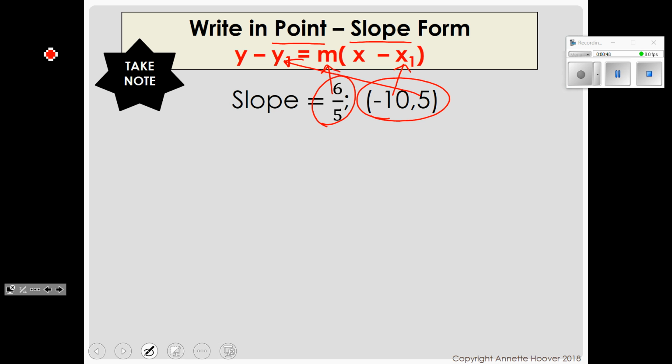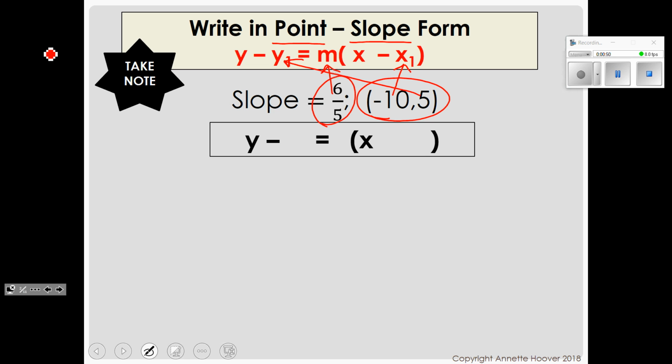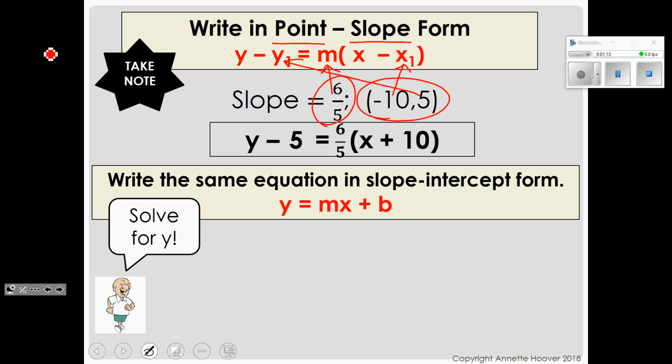So when we plug in the slope into point-slope form, we're going to take the opposite of the y, which is 5, so we have y minus 5, equals the slope, which is 6/5, times the difference of x, and then it would be a negative 10, but since we want the opposite of that, it's going to be plus 10.